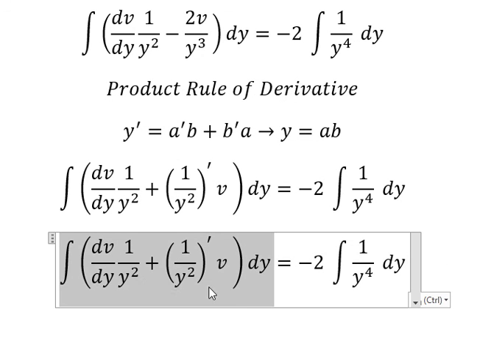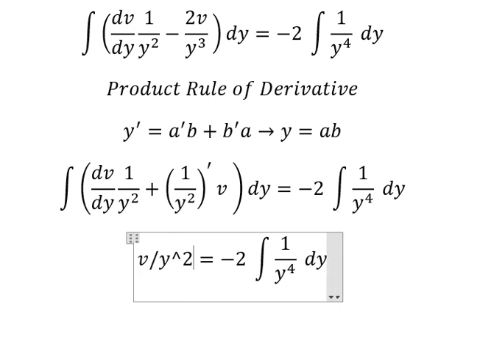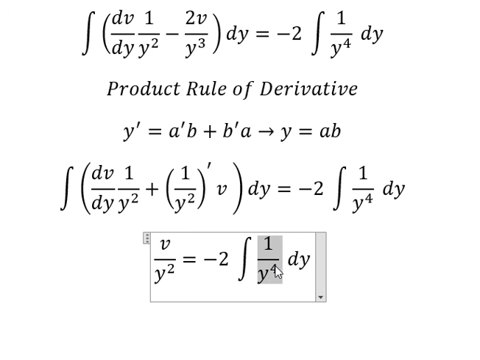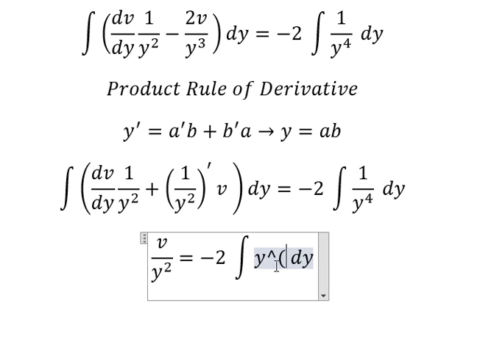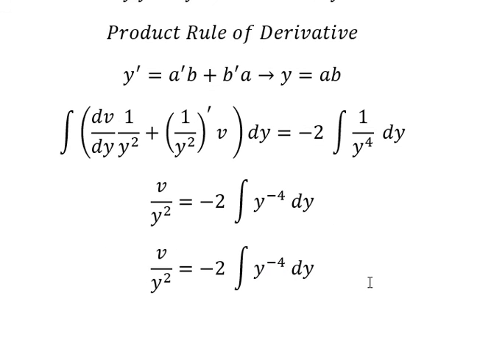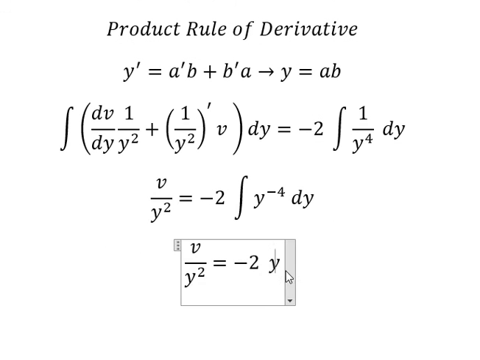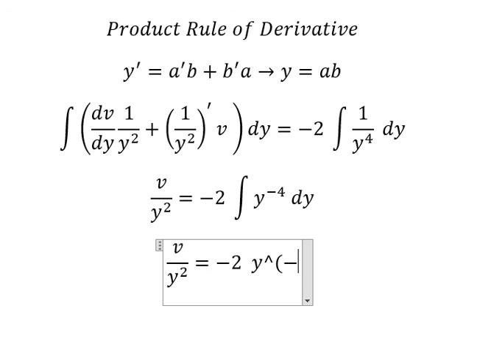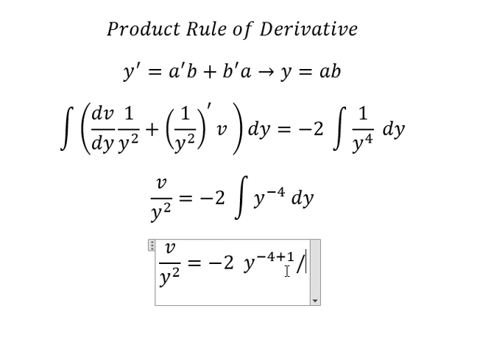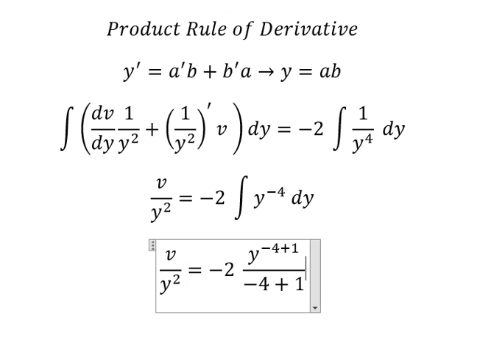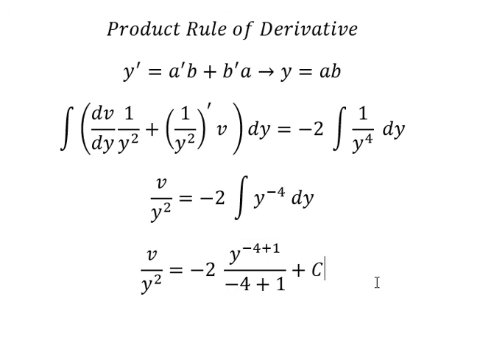So the integration of that one, we have v over y squared. This one, we have y to the power of negative number 4. So the integration of this one, we have y to the power of negative number 4 plus 1 over negative number 4 plus 1, and I will put c.